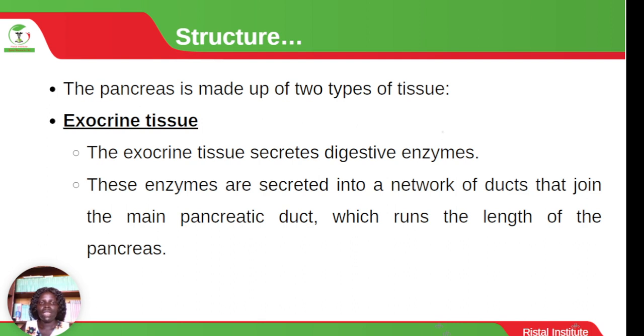We have the exocrine tissue. The exocrine tissue secretes digestive enzymes. These enzymes are secreted into a network of ducts that join the main pancreatic duct, which runs the length of the pancreas until they reach where they are needed.